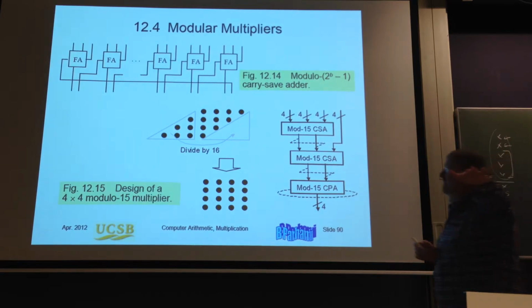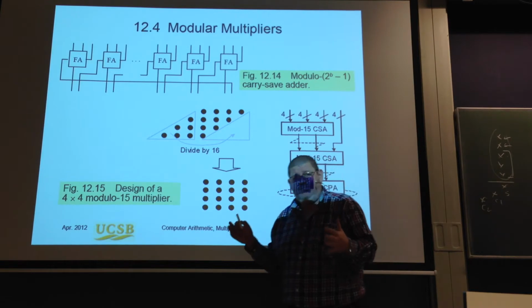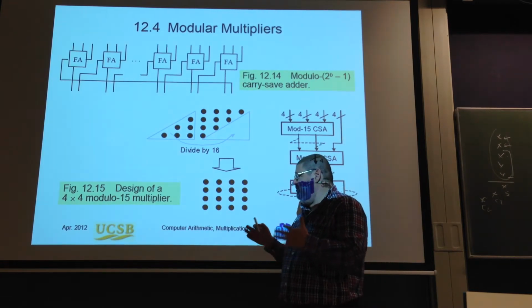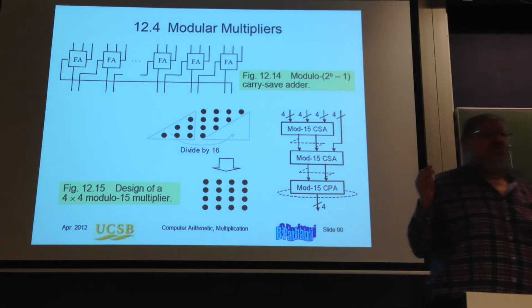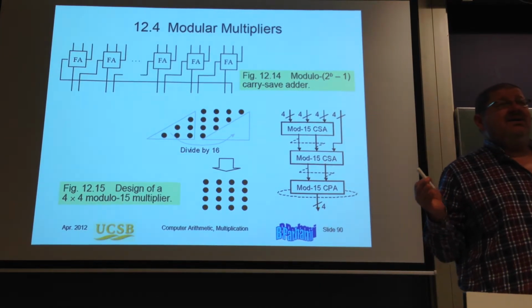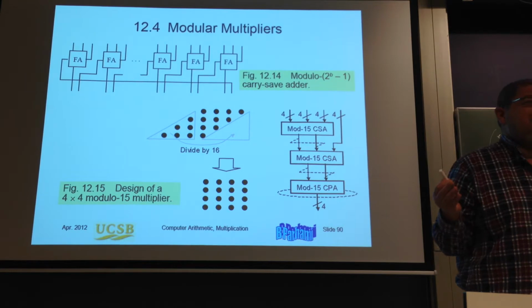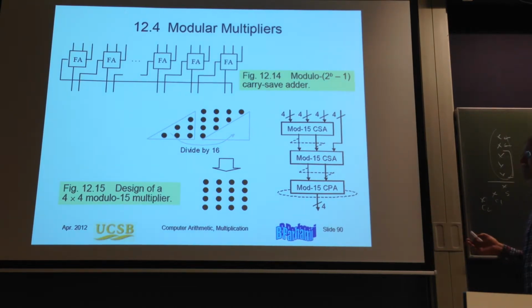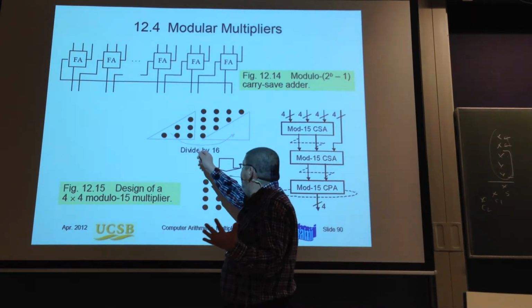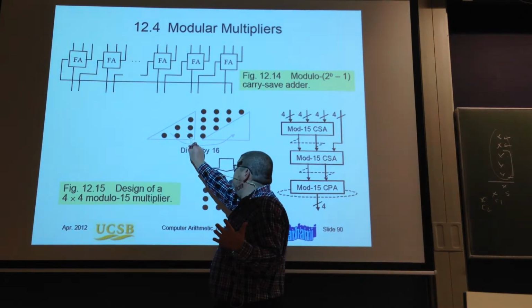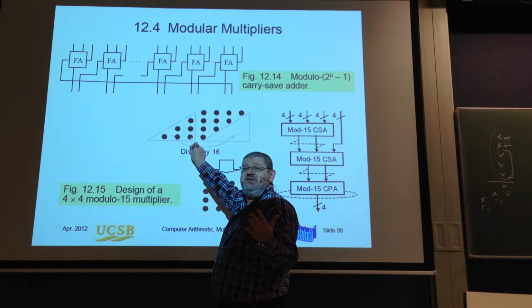And then we have here an example on how to design a modulo 15 multiplier. Being modulo 15, my numbers are 0 to 14. Now, this dot here has a weight of 16.